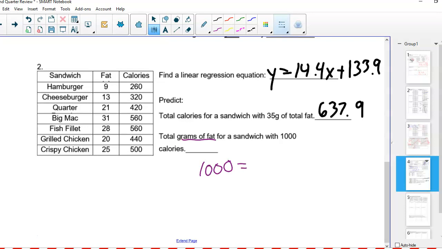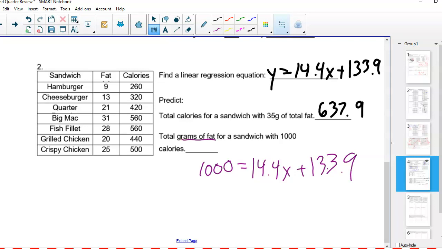You could set this up as 1,000 equals the equation you have, 14.4x plus 133.9. And you could solve for x from here.